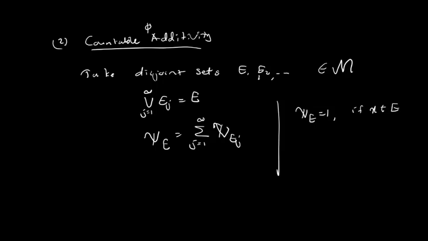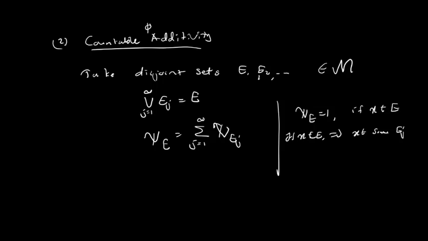If x belongs to E, this means x belongs to the union of the Ej. Now since the Ej's are disjoint, x belongs to only one Ej, so that is equal to 1.